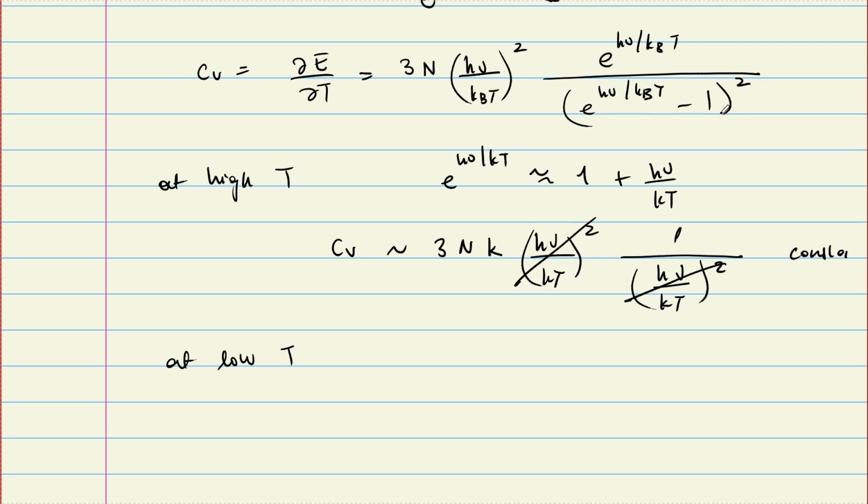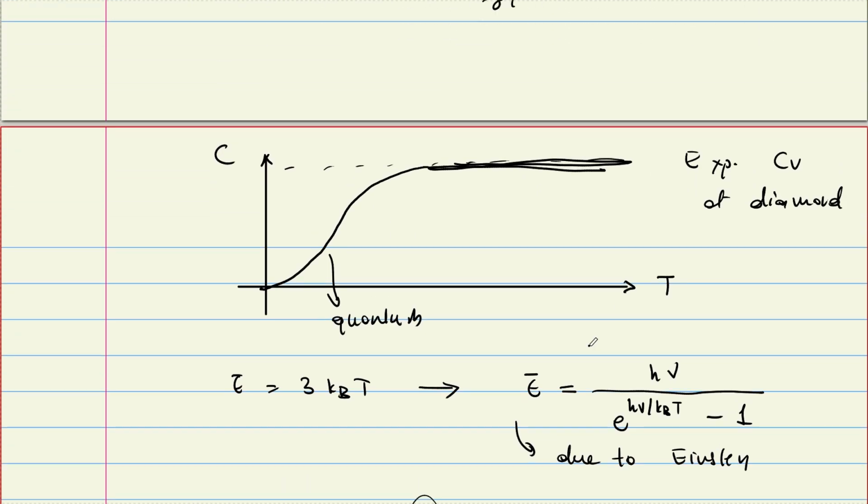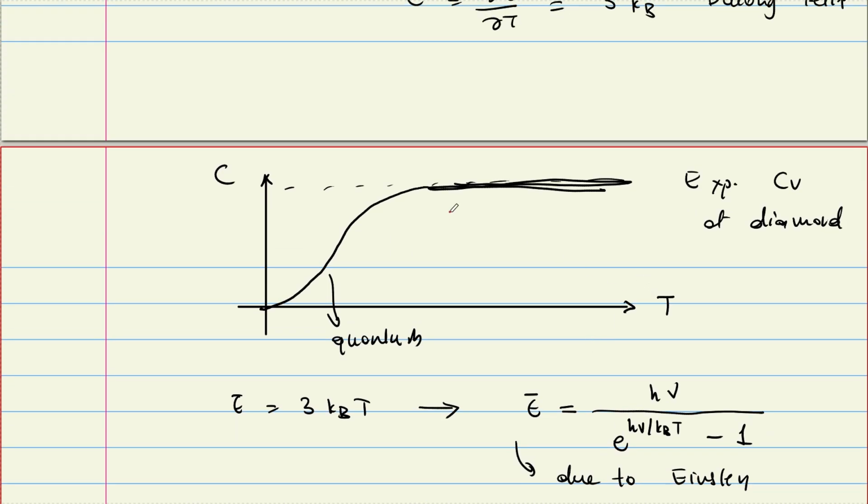You can forget about the minus 1, and C_V, there's also a power law, but exponential is going to dominate anything else, and C_V is going to be proportional to e to the minus h nu over k_B T. So let me show. At high temperature it works, and at intermediate temperature it also works, but at low temperature it's exponential, so there is a region where it doesn't work.